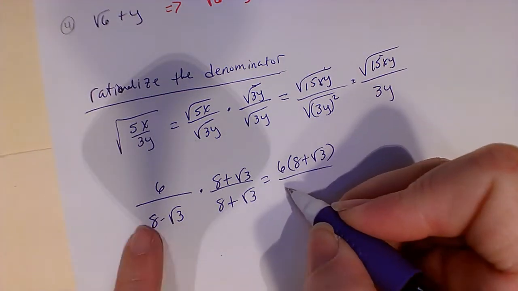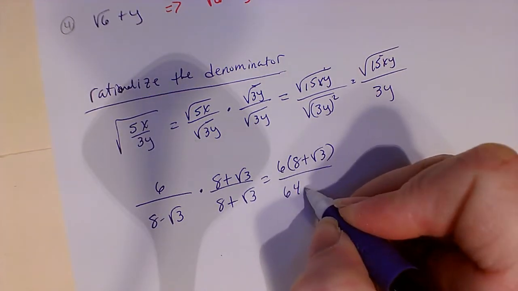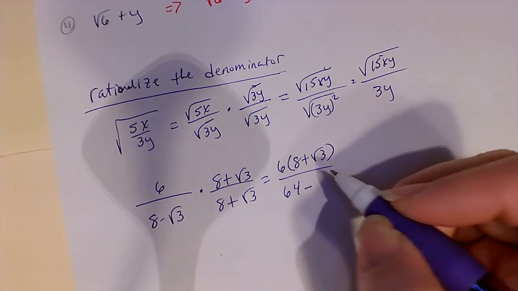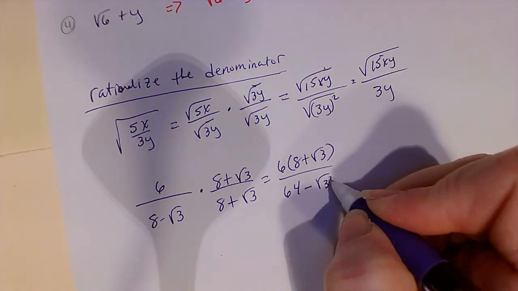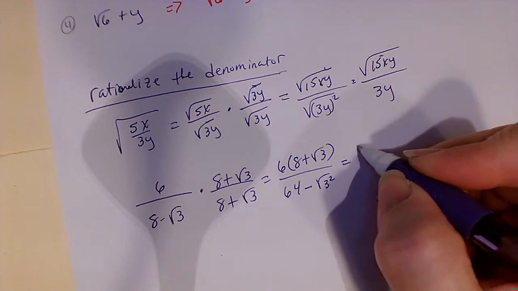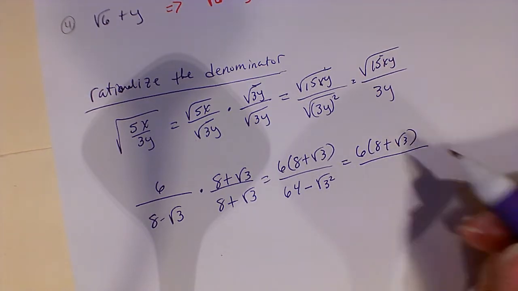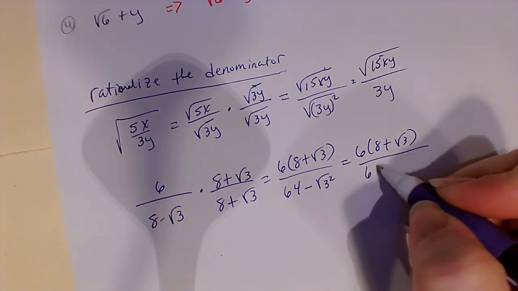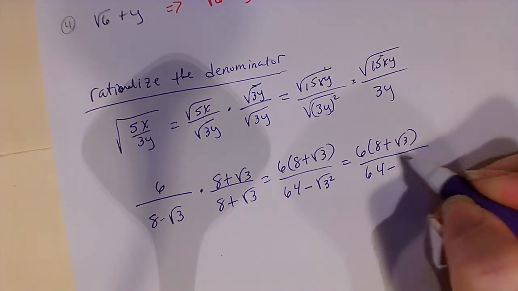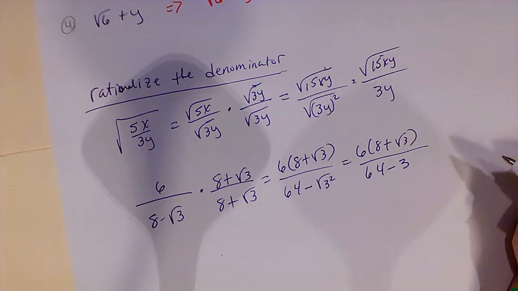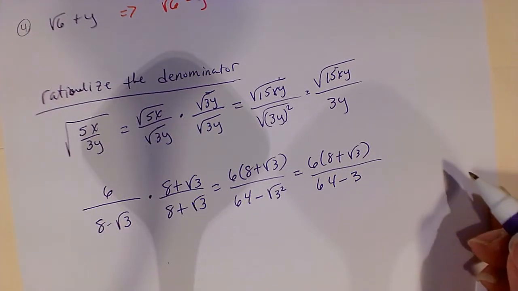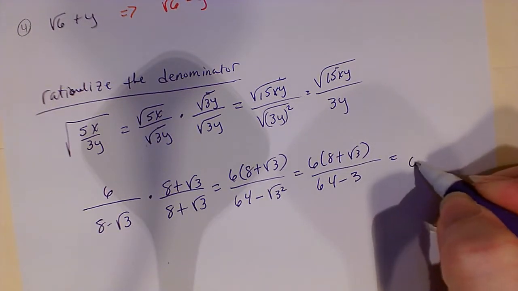So that'll get us 8 times 8 is 64, minus square root of 3 times square root of 3 will be the square root of 3 squared. So I'm just going to bring the top along until I know if it's going to reduce at all. So this will be 64 minus the square root of 3 squared is just going to get us 3. So this will end up being 61 on the bottom.